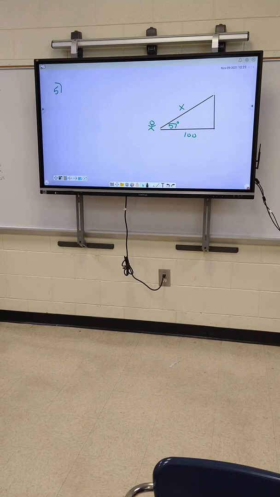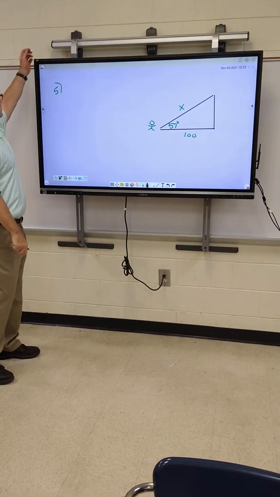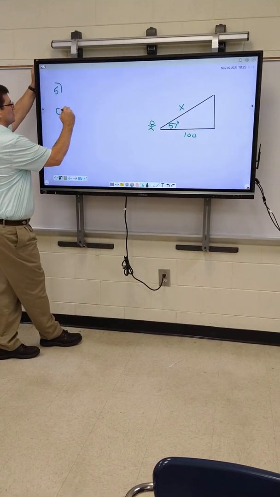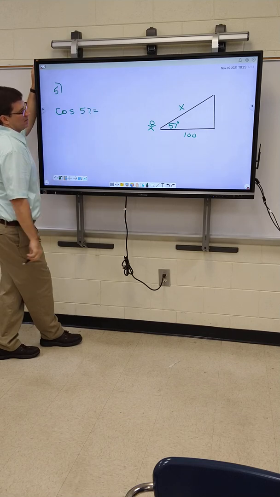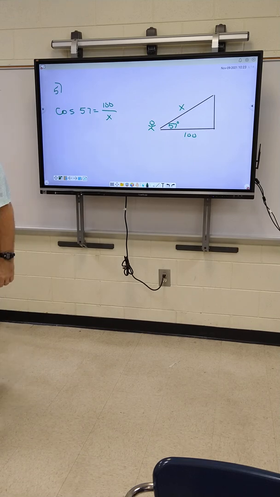Hey, at least we get to use a different formula this time. Y'all look at that one and figure out which sides are involved. They're not using the opposite side. They're using the hypotenuse and the adjacent side. Y'all look the formula up for me for that. Cosine, so we got cosine of 57 equals adjacent over hypotenuse. All right, type it in. So what do you do when it looks like that?